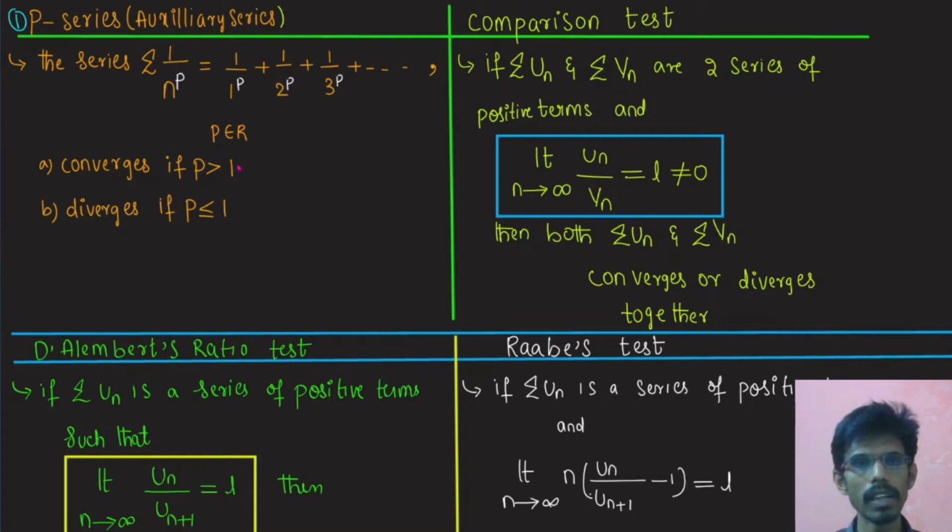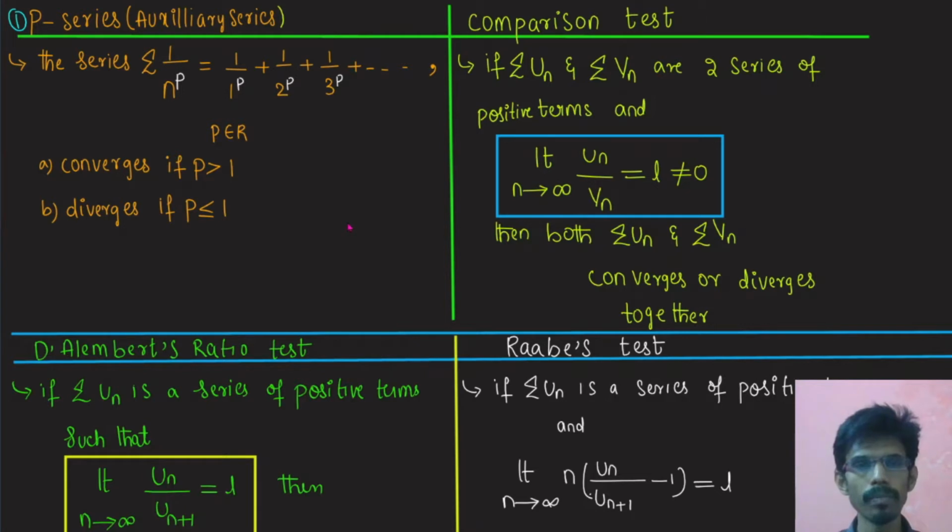P can be any real number. Now this series will converge if P is greater than 1, and the series will diverge if the P value is less than 1.